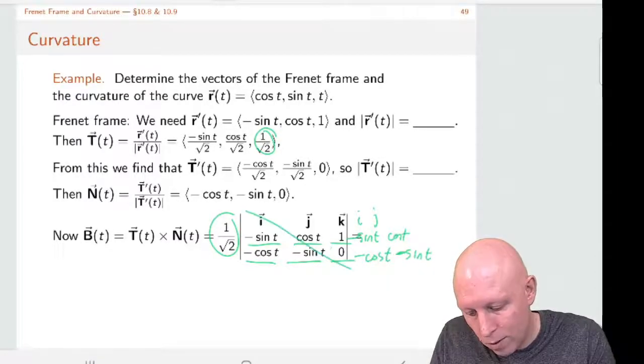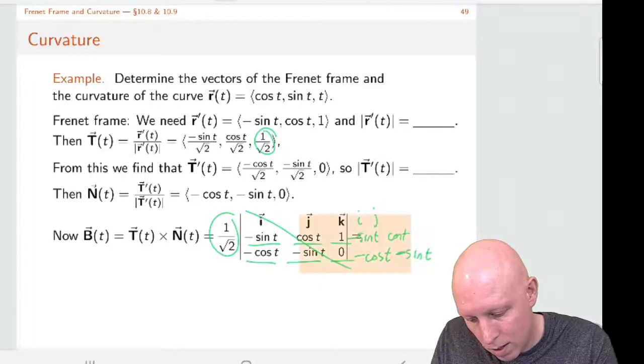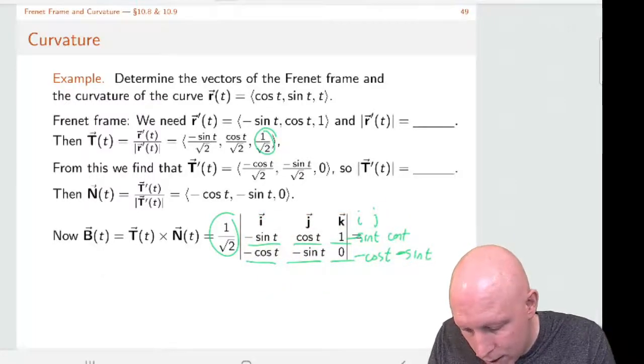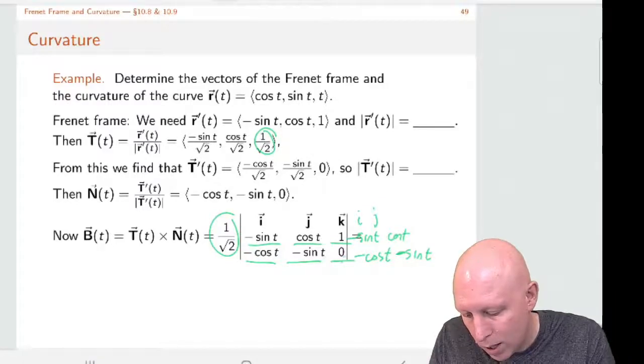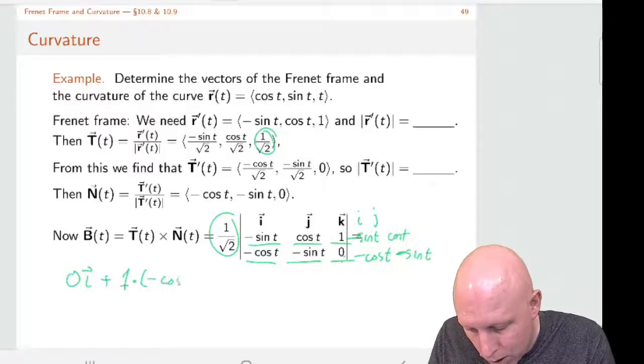Then we go down, down, down, minus up, up, up. So what is i? The first thing for i is cosine of t times 0. So that's 0i. In terms of j, we get plus 1 times negative cosine of t j.